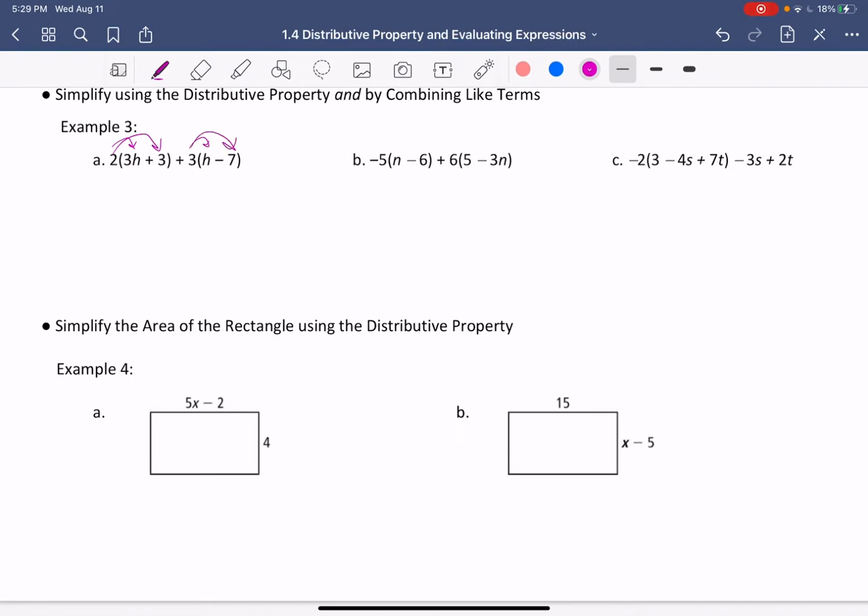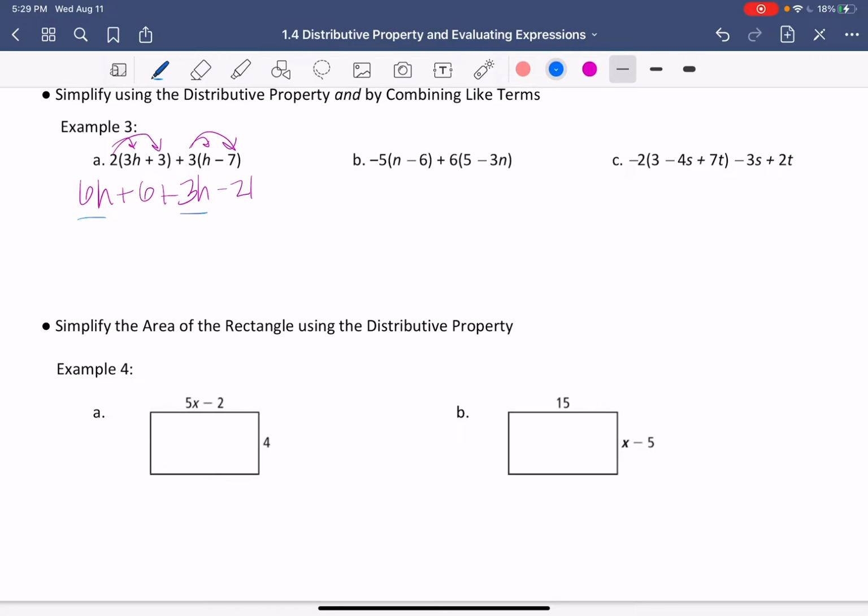So 2 times 3h gives us 6h. 2 times 3 gives us +6. 3 times h gives us 3h. And 3 times -7 gives us -21. Now we can combine like terms. So we have 6h that's going to be combined with 3h.